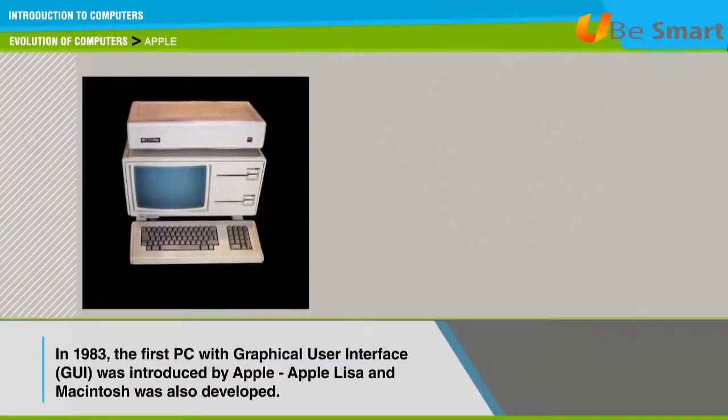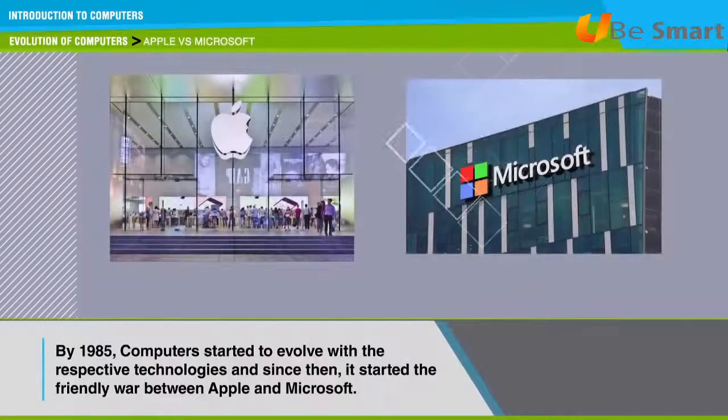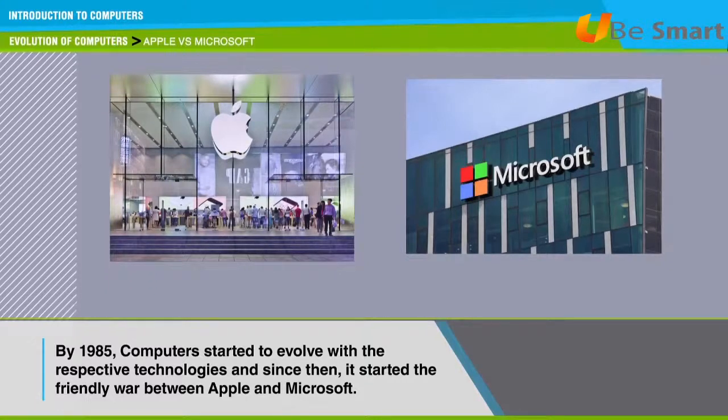In 1983, the first PC with a graphical user interface was introduced by Apple, Apple Lisa, and then the most affordable computer called Macintosh was developed. By 1985, computers started to evolve with the respective technologies, and since then, it started the friendly war between Apple and Microsoft.